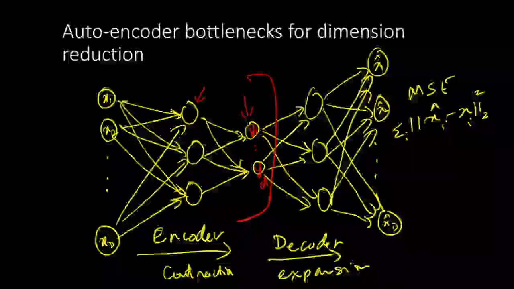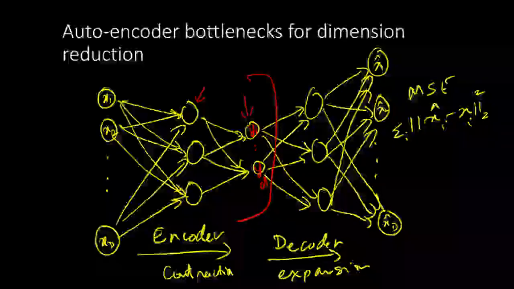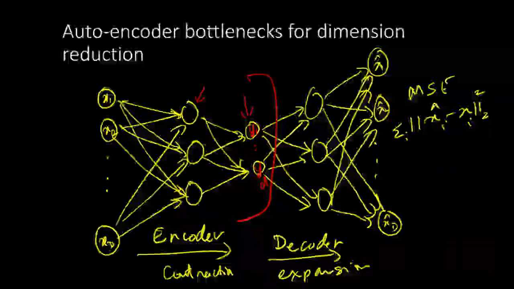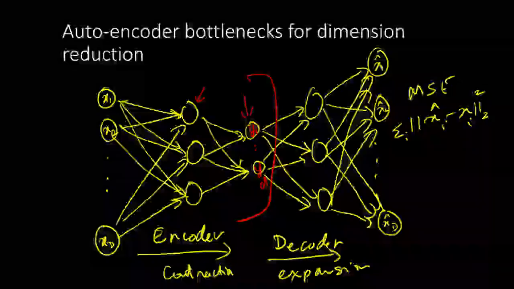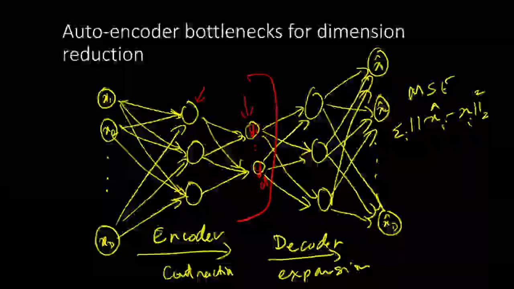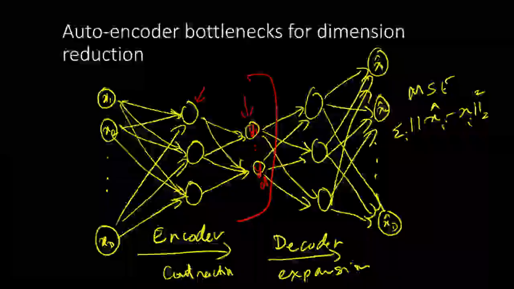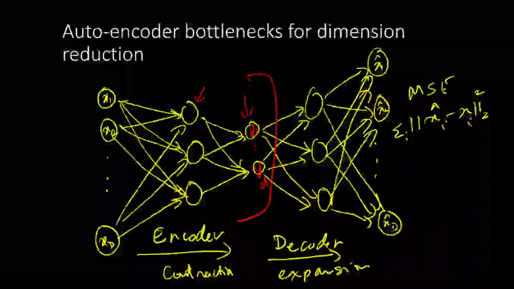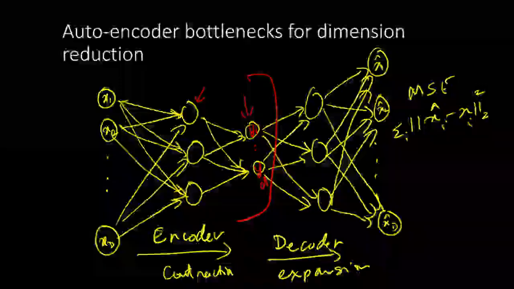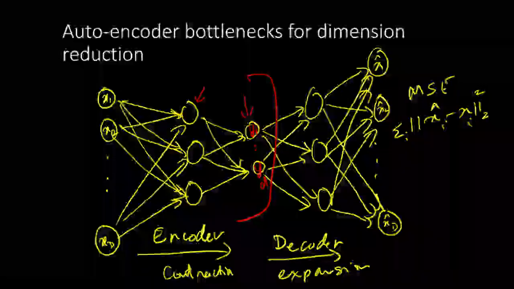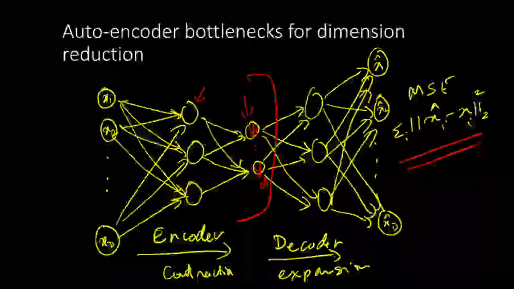So this is called an autoencoder, and we can also add a loss term for decorrelation between dimensions of y and so forth, so that these dimensions are also independent of each other. So those things can also be brought in, but the simplest form is that we are just reducing the MSE.